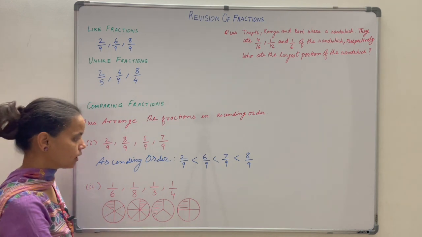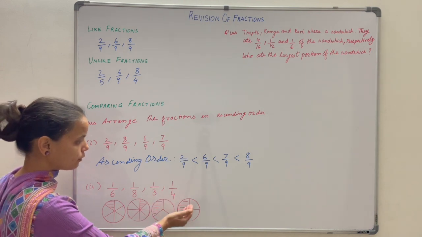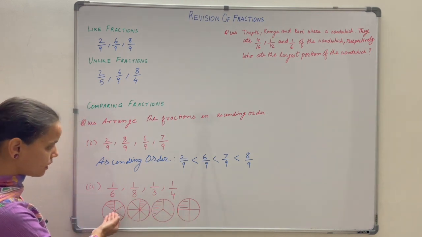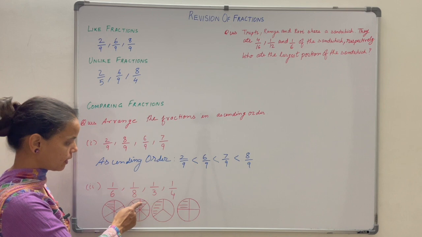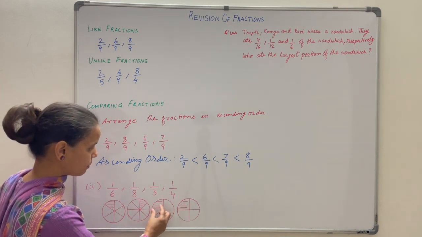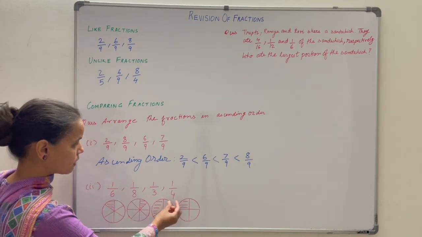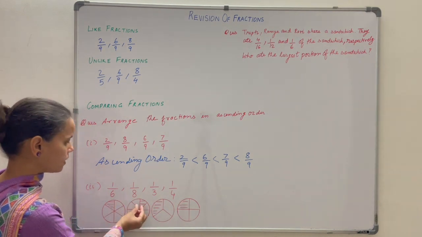You can see the greatest portion is 1 by 3, then 1 by 4, then 1 by 6, then 1 by 8. As the denominator is increasing, the piece size is reducing. So this is the greatest piece, then this, then this, then this.